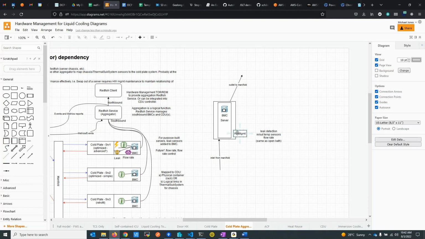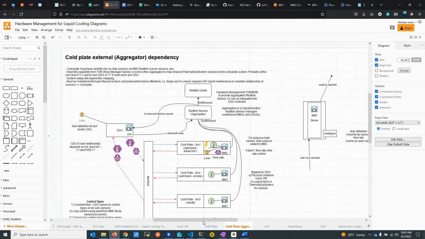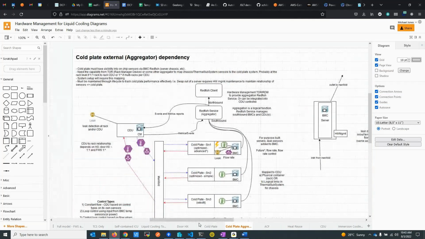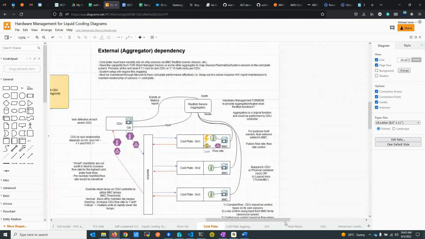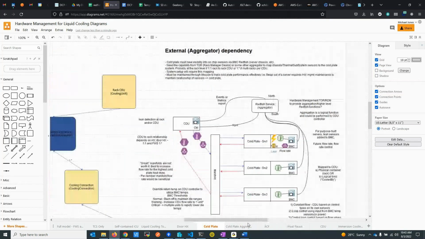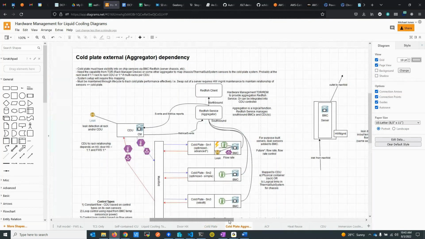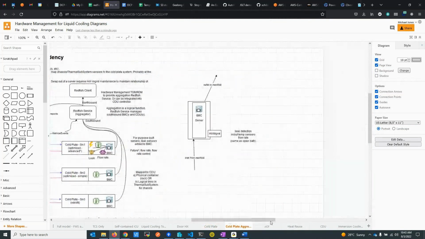Okay. So like I said, I will redo one of these for immersion cooling because we can use the same aggregator topology for the immersion cooling for the enclosed chassis.